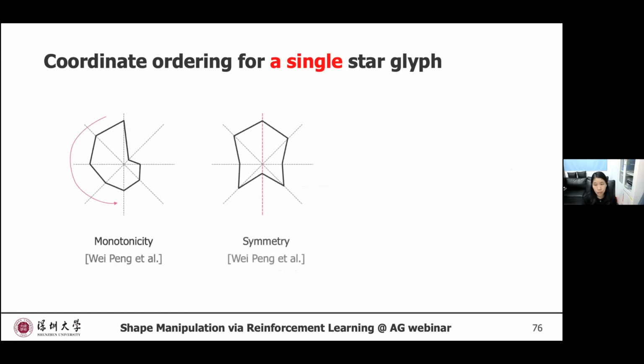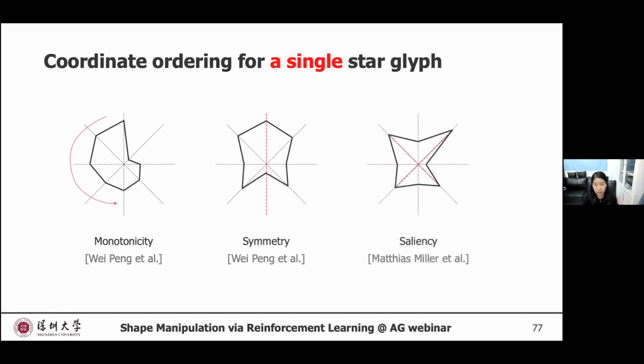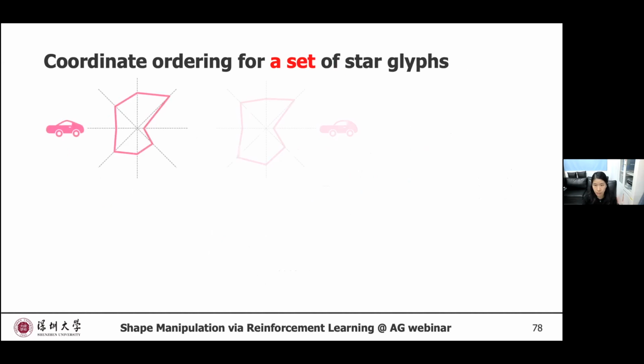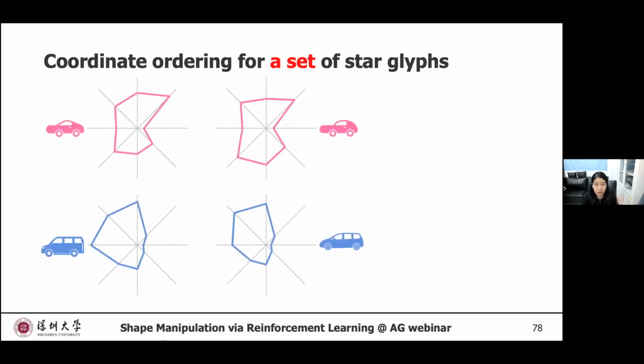Most existing works study the coordinate ordering problem for a single star glyph with the goal to improve properties like symmetry or saliency. But for similarity search and grouping among a set of star glyphs, especially when associated to multiple class labels, the perceptual difference between glyphs becomes more important.